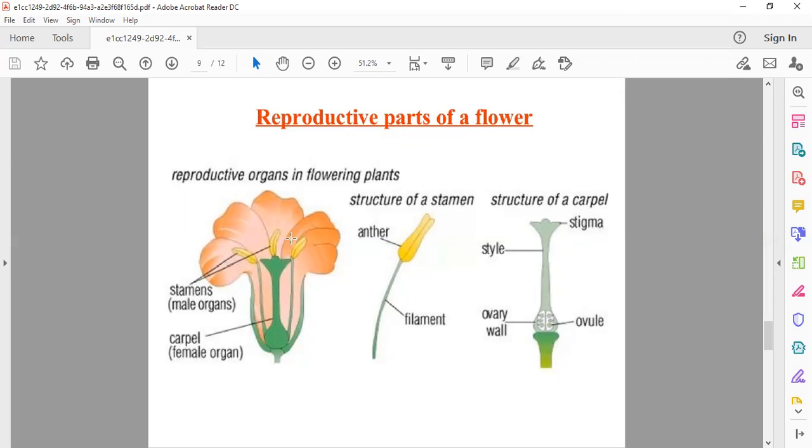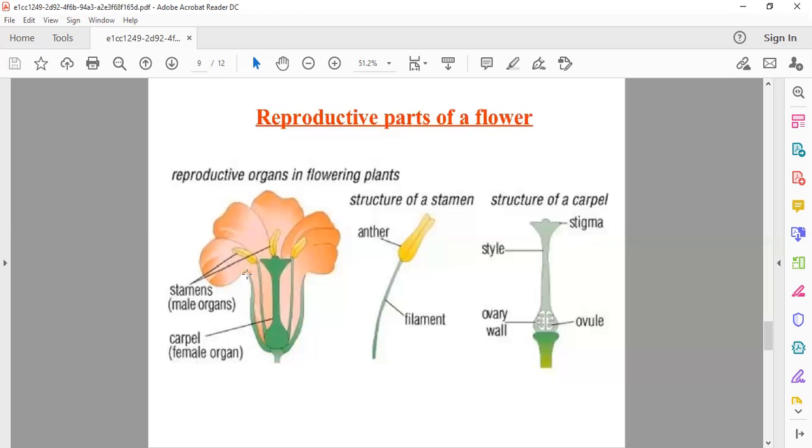Children, this yellowish part is the stamen, which is the male reproductive part of a flower. And this tube-like structure is known as a carpel or pistil. This is the female reproductive part of a flower.